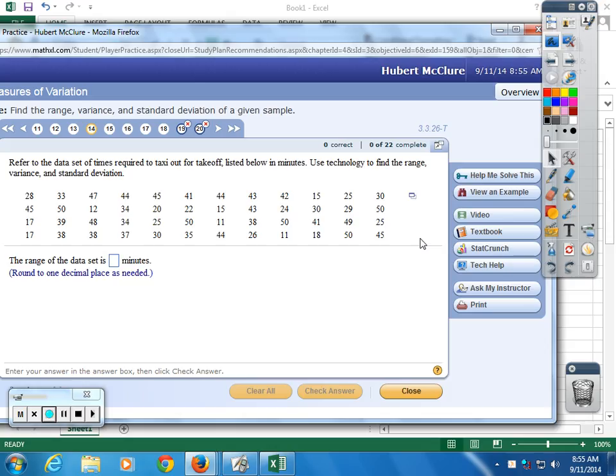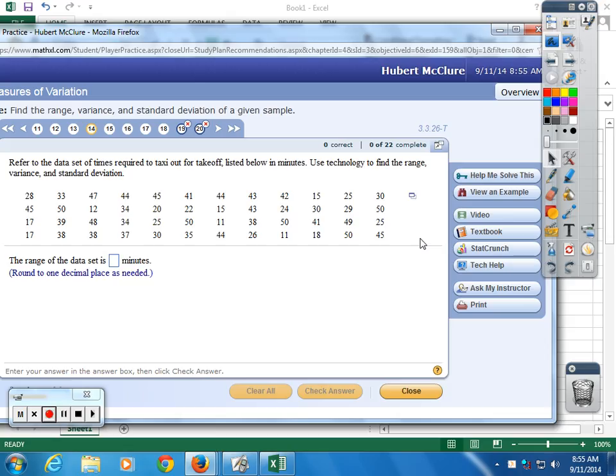And when you have a frequency distribution or a chart, you got x bar or mu, whichever you want to call it, average, is equal to the summation of f times x over what? N, or the summation of f times x over the summation of f. Those are the same thing.